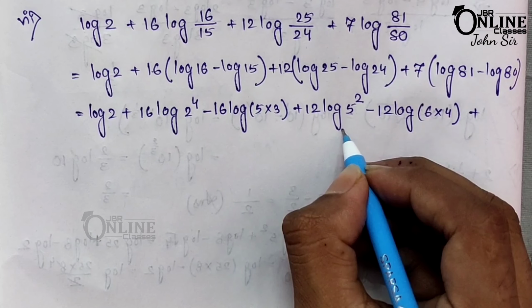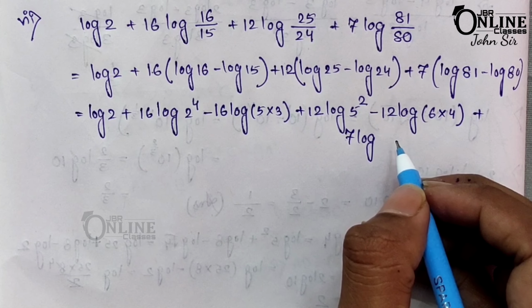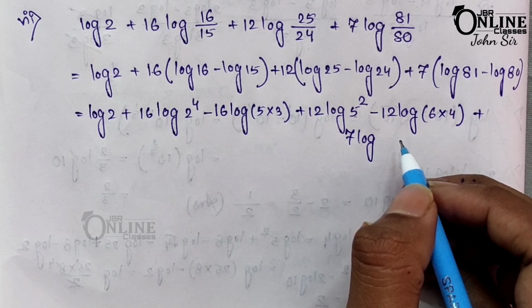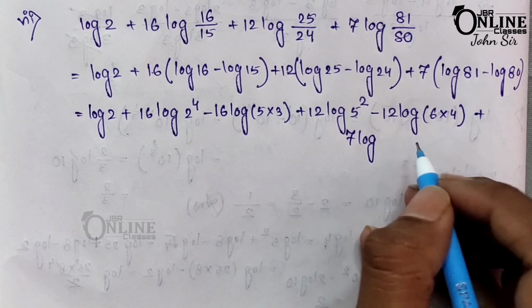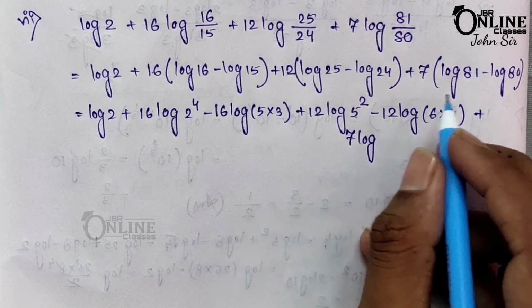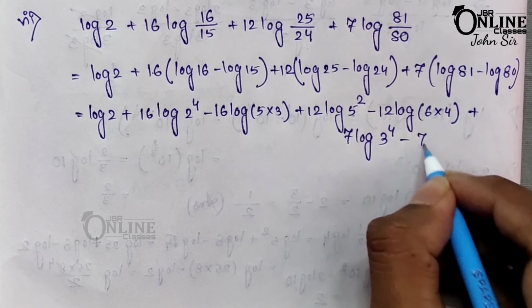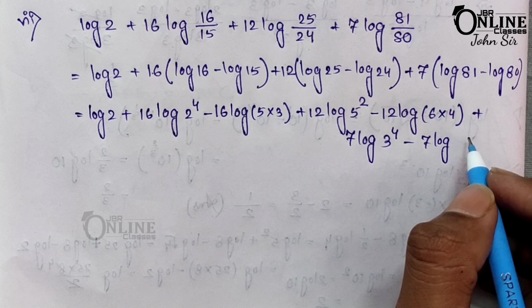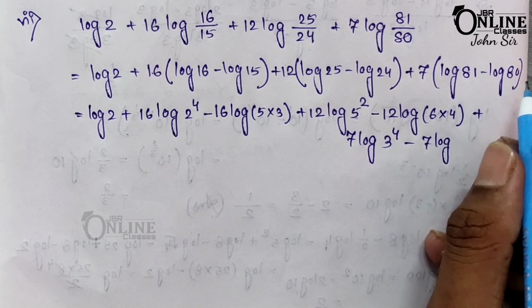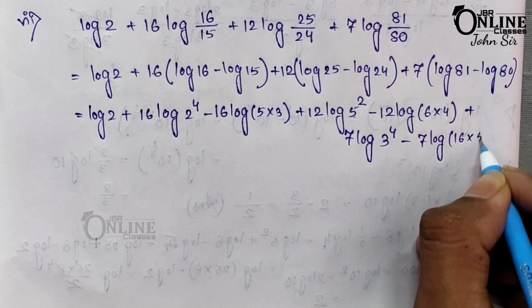Then the last one, 7 log 81. 81 means 9 to the power 2, or also 3 to the power 4, and then minus 7 log 80.